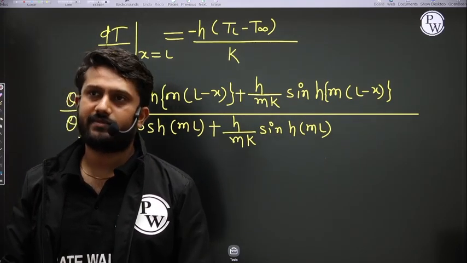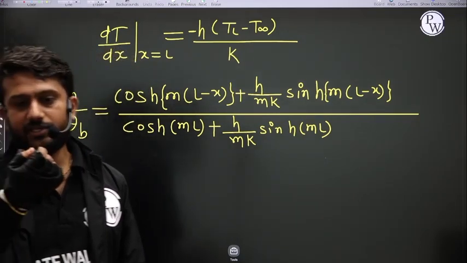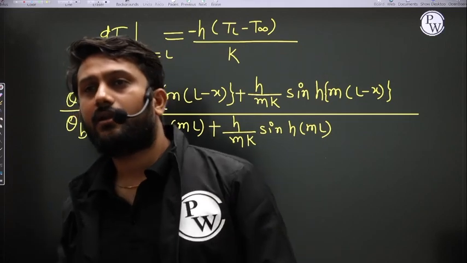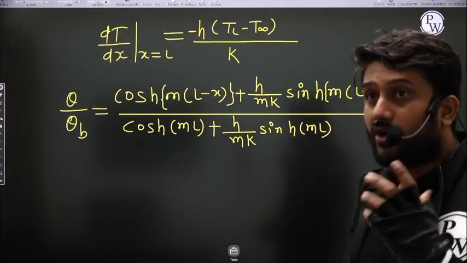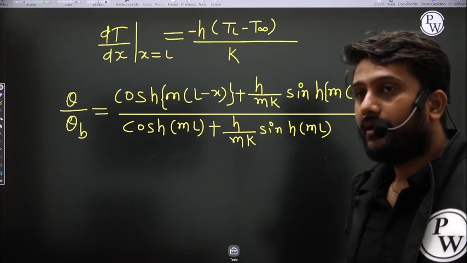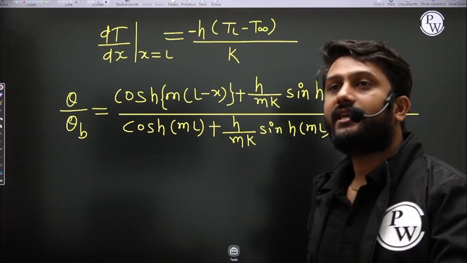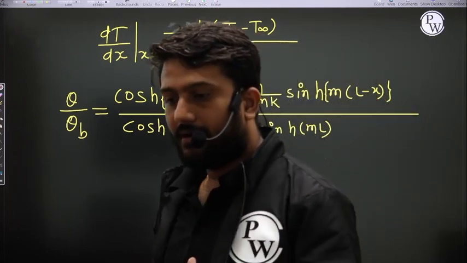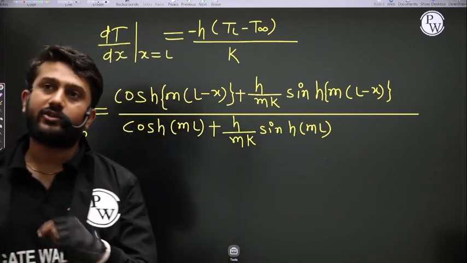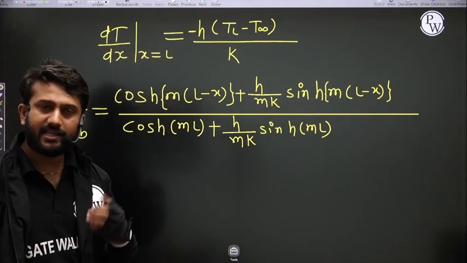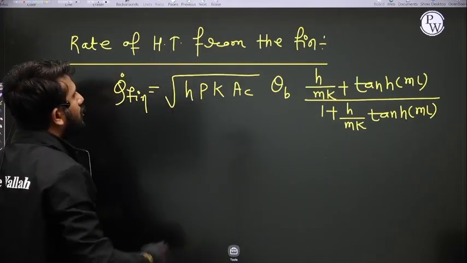So if you want to remember this expression, then convert the short fin without insulated tip into a short fin with insulated tip by using the corrected length. So there is another mathematical expression also, using the concept of corrected length.